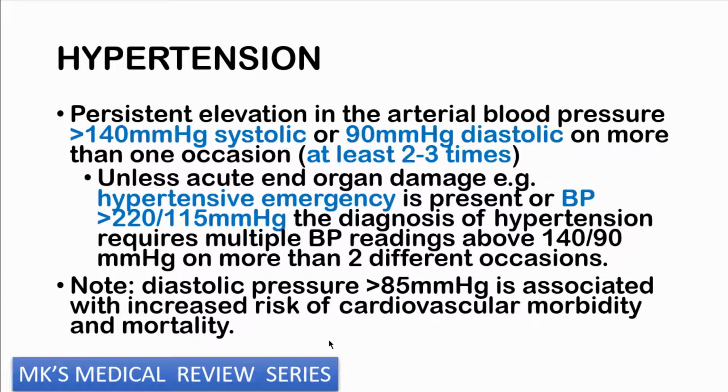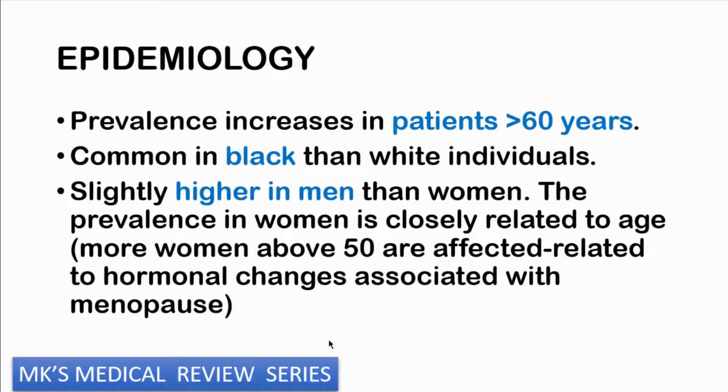But otherwise, you need at least 2 or more different occasions with a persistent elevation of the blood pressure. And note that an increase in diastolic pressure that's greater than 85 has been associated with an increase in cardiovascular morbidity as well as mortality.